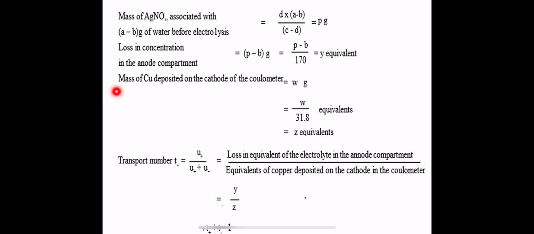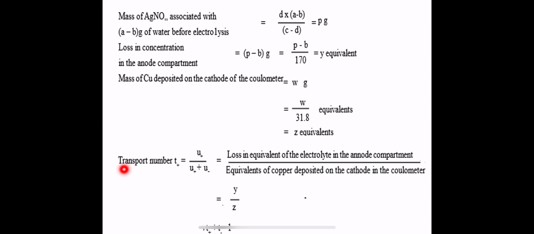In the same way we can calculate the copper which has been deposited on the cathode of the coulometer. Let me call it W grams, and with the equivalent mass of copper, W divided by 31.8, we can get Z equivalents.